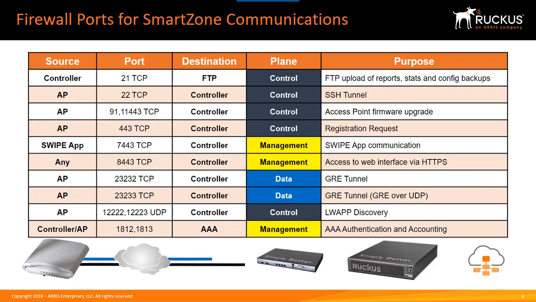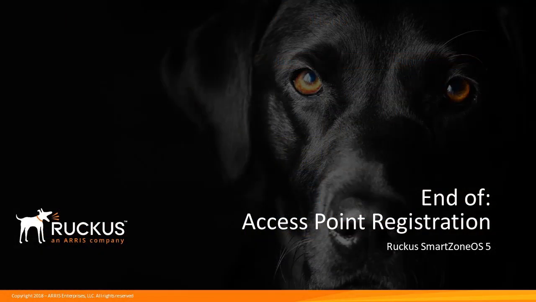So again, pause, take a look at this information, get to know which ports are used by the APs and the controllers in communications with each other, and consider those if you're running a firewall in between your access point and your controllers. This concludes this presentation covering access point registration.